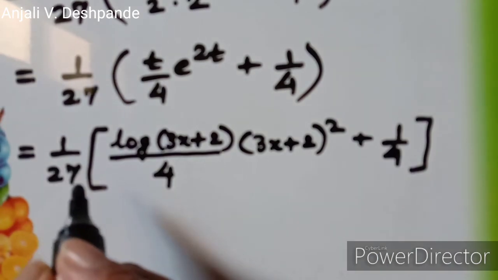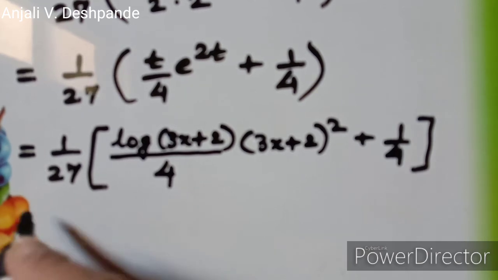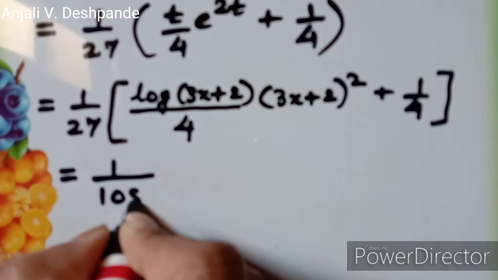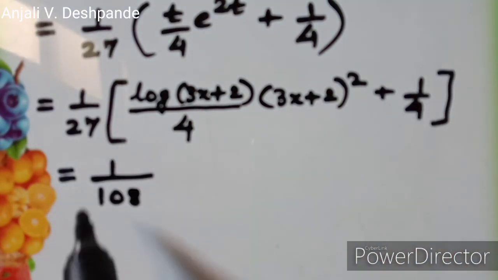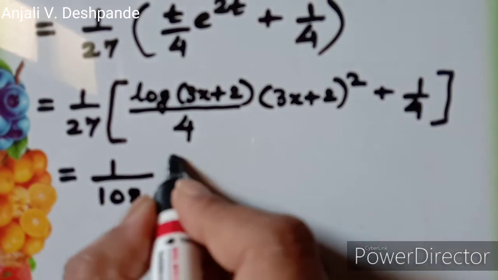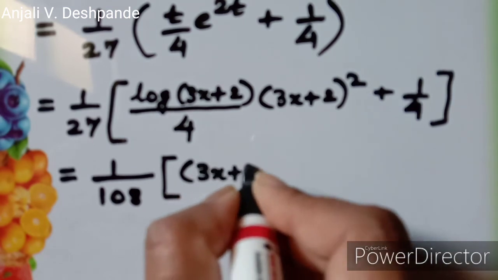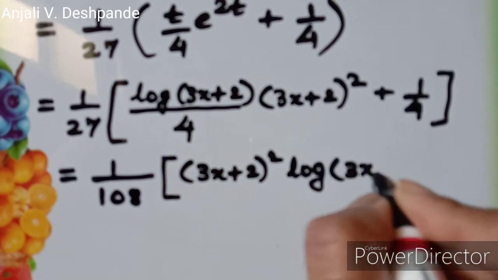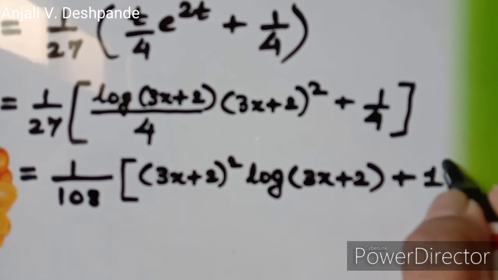We can make one more simplification. This is equal to 1/108, since we have multiplied 27 into 4 over here and again 27 into 4 over here. So 1/108 into bracket (3x+2)² log(3x+2) + 1, and that is the PI.